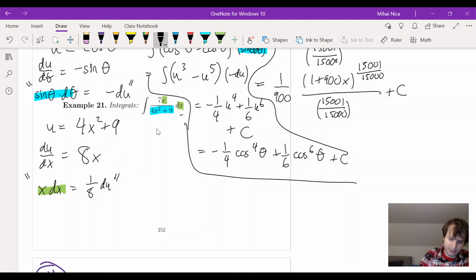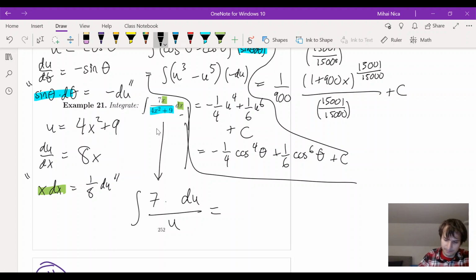So this integral becomes 7 x dx, which is a du, divided by u. 4x squared plus 9 is u. So 7 du over u. So this is 7 times the integral of u to the minus 1 du. So that's a log: 7 log of u plus c.